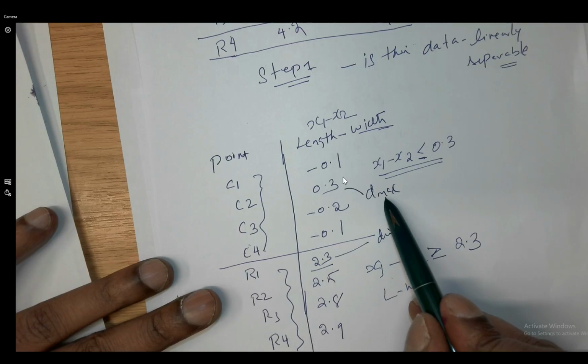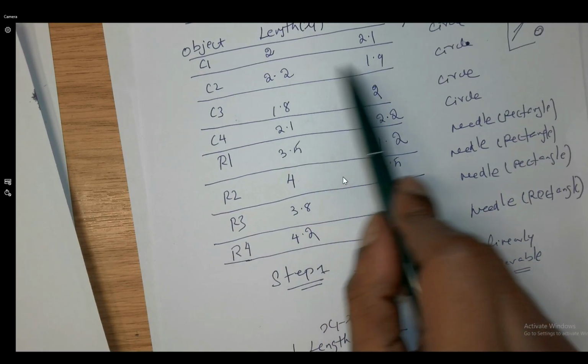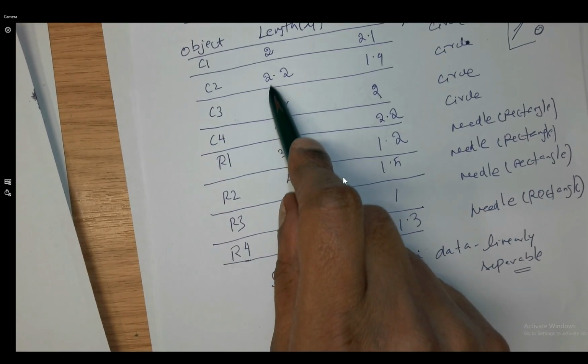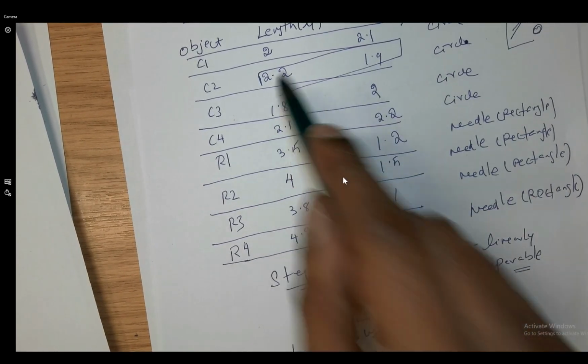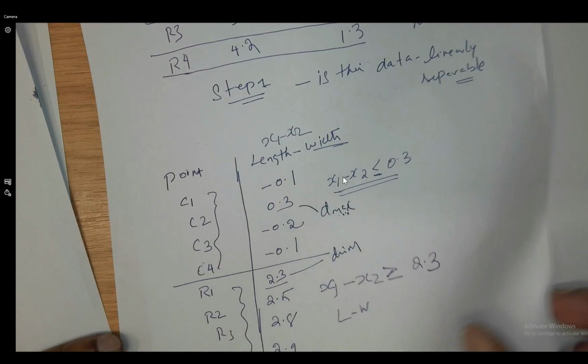The point that corresponds to d max should be equal to 2.2 and 1.9. So this becomes our support vector, and then the d minimum in category 2 is 2.3.